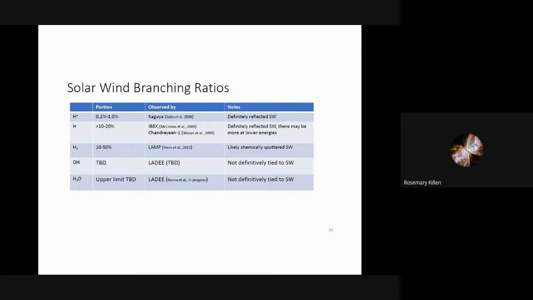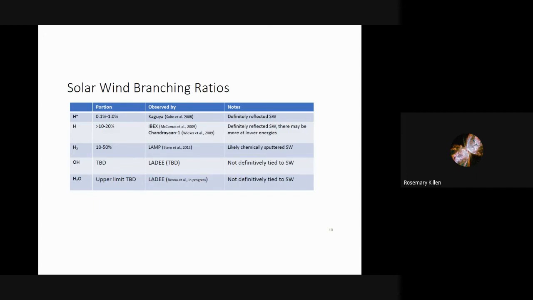Although H2, as we just talked about, is likely chemically sputtered solar wind, of course H+ is definitely reflected solar wind. Neutral hydrogen is definitely reflected solar wind.